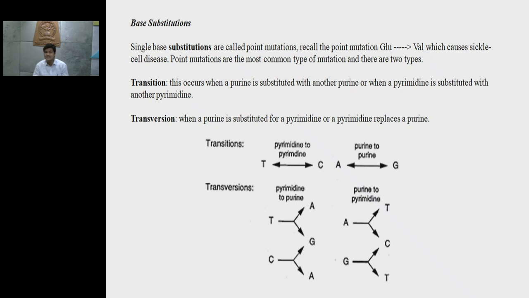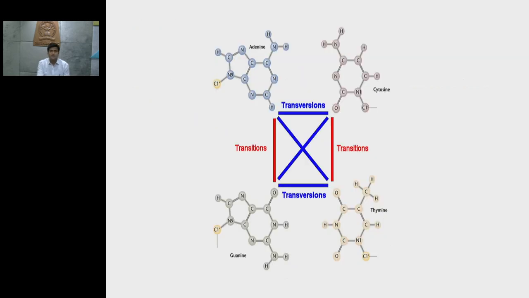So we can see thymine is replaced by adenine, or it may be guanine also, or adenine is replaced by thymine or cytosine also. So we can see here the vertical as well as horizontal and crosswise formation of transition as well as transversion. You can see the structure.